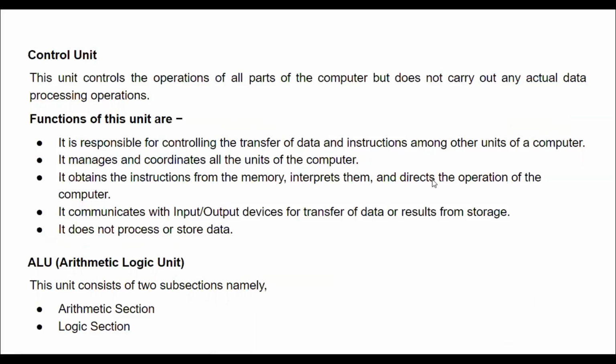For the components of the CPU, we have also the control unit. This unit controls the operations of all parts of the computer, but does not carry out any actual data processing operations. The control unit is a component of a computer's central processing unit that directs the operation of the processor.